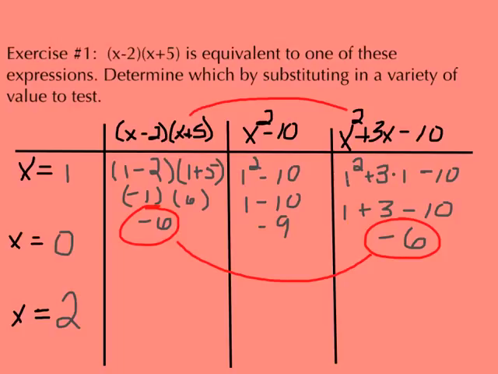This proves that those two expressions are equal. Now I would like you to try 2 more tests to make sure that those two are equivalent. Please test 0 and 2.